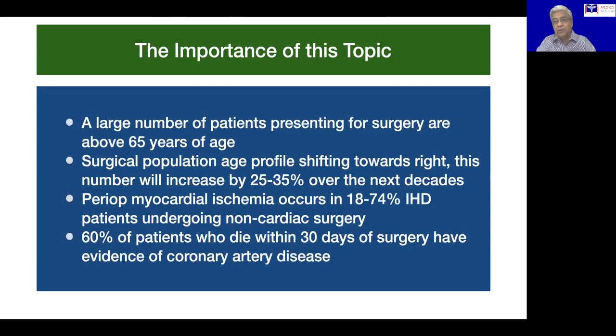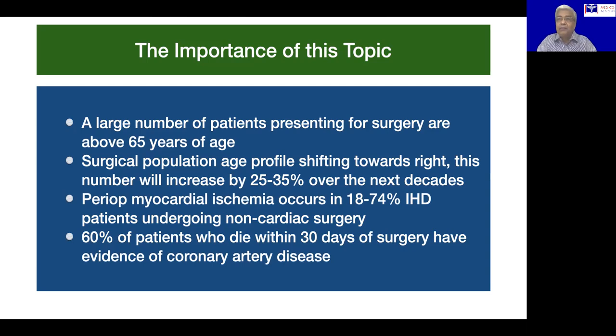Coming back to the importance of this topic, I would like to remind you that a large number of patients presenting for surgery today are above 65 years of age. The surgical population profile is gradually shifting towards the right, and this number is going to increase by nearly 25 to 35% in the next 1 or 2 decades.